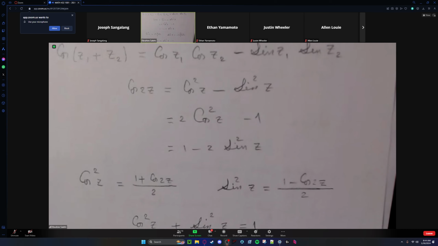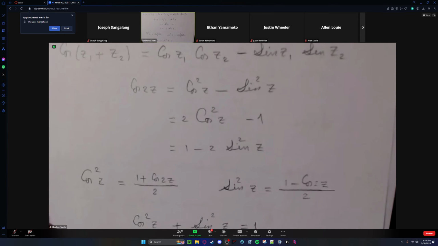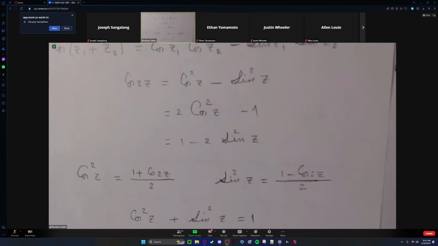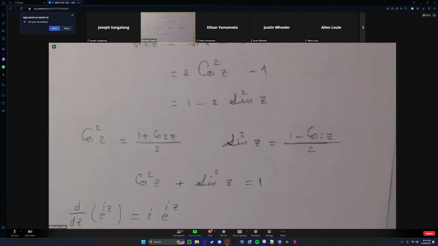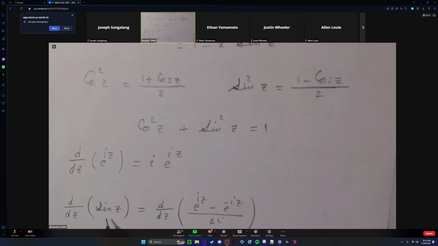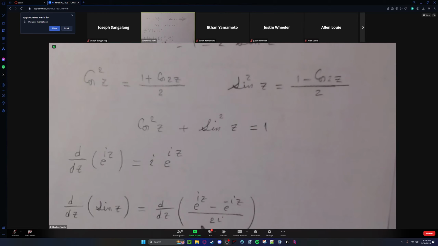Okay, so the next thing to talk about is the concept of derivative. Well, we know that derivative of e to the iz is i e to the iz, all right? Now you use this one to find derivative of sine. Sine is right here. Derivative is just derivative of these two.